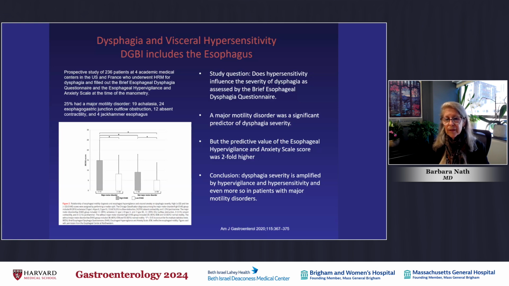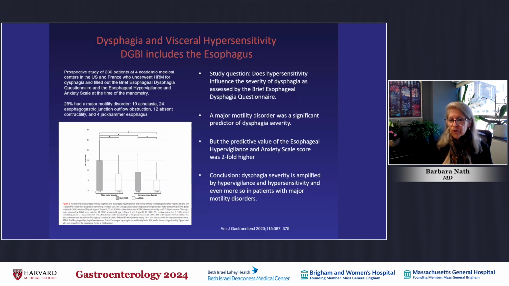The question the study was posing was, does hypersensitivity influence the severity of dysphagia? The major motility disorder, it turned out, was a predictor of severity of dysphagia, but even with greater predictive value was the esophageal hypervigilance and anxiety score.